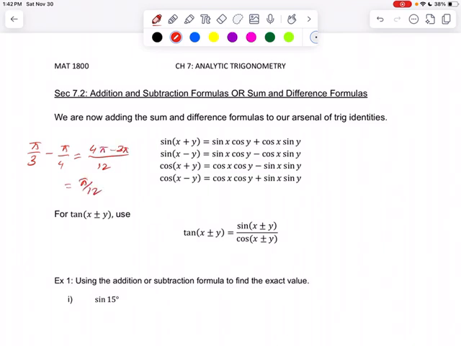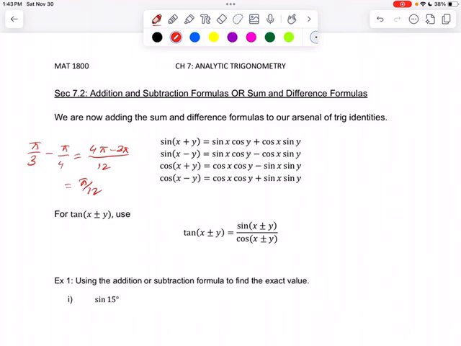So now we can find the trig functions for pi over 12, because pi over 12 can be written as a difference of two values on the unit circle whose trig functions we know, and so on.